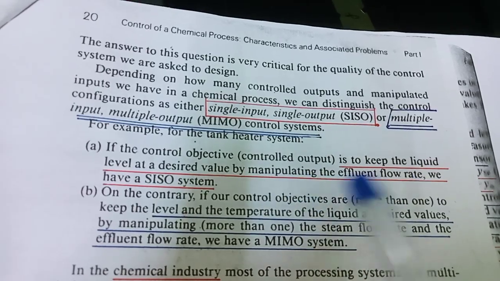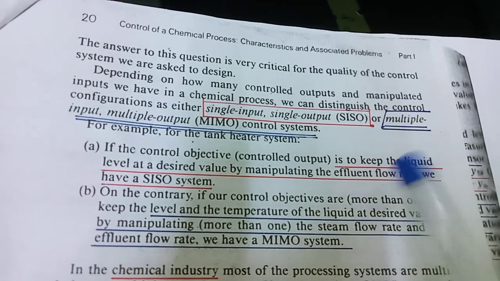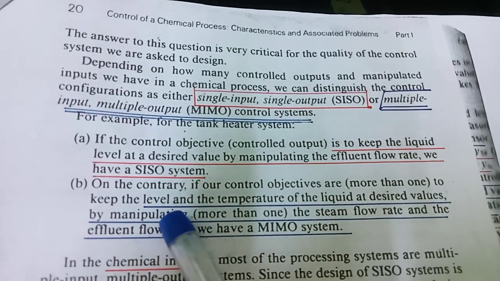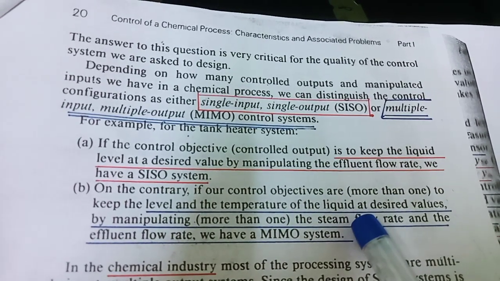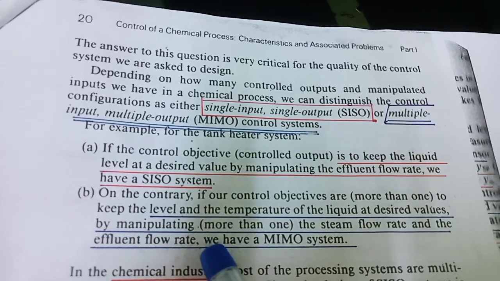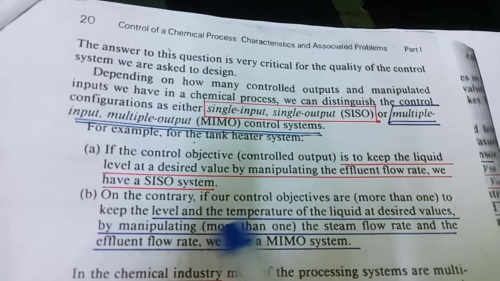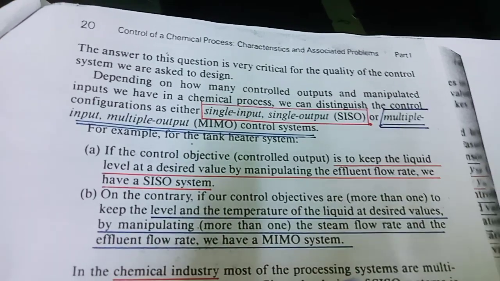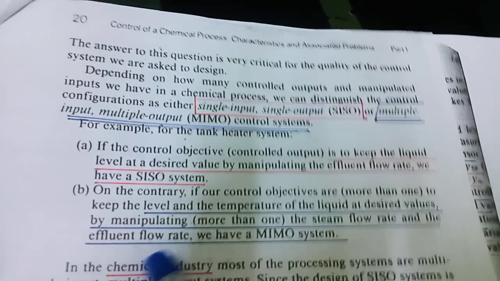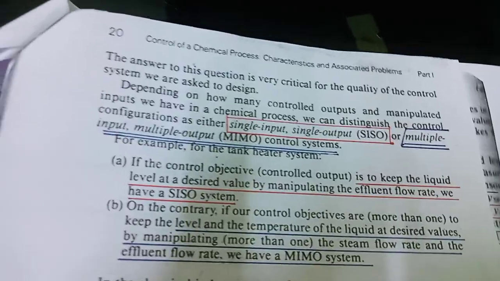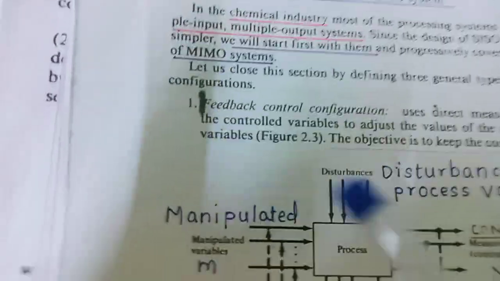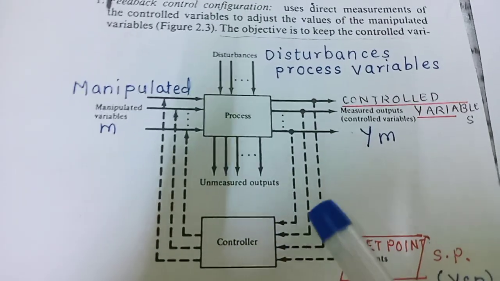Level is to be controlled by change in flow rate. Suppose the level and temperature of the liquid are to be maintained at desired values. Then for manipulating temperature as well as level, the steam flow rate and the effluent flow rate are manipulated, so we have multiple input, multiple output.